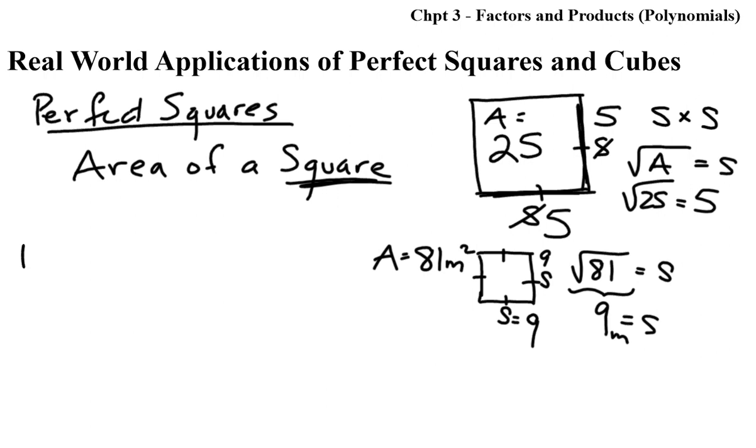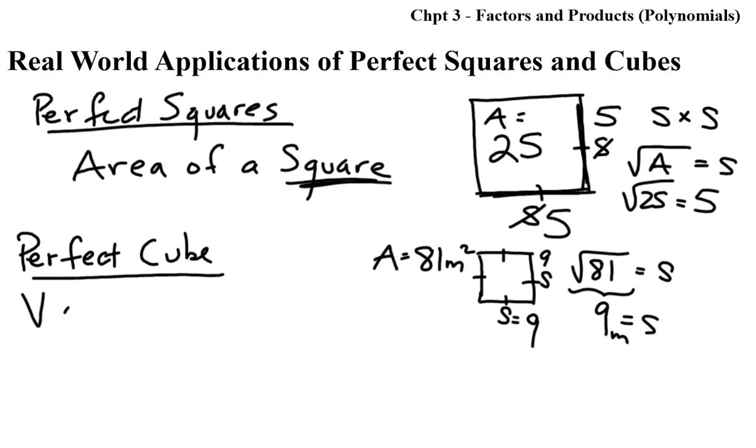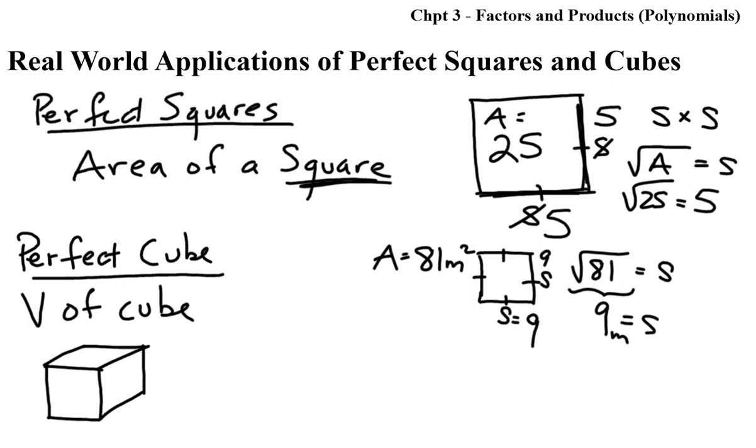A perfect cube, when would a perfect cube have a real world application? Well, it's if you're dealing with volume of a cube. And again, it has to be cubes, and for perfect squares, squares, because the whole point is sides are the same.